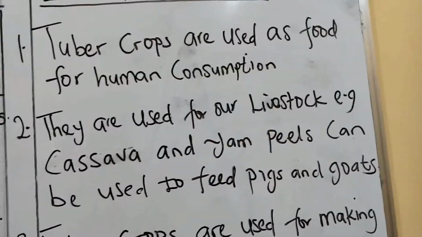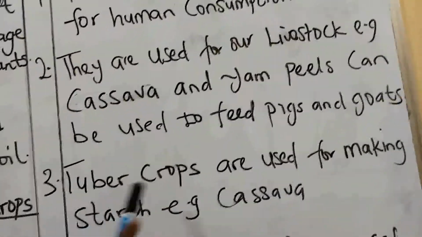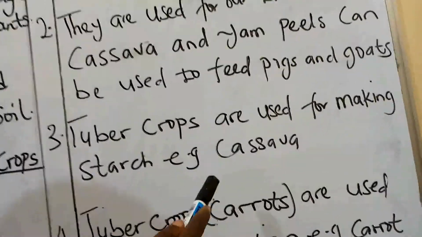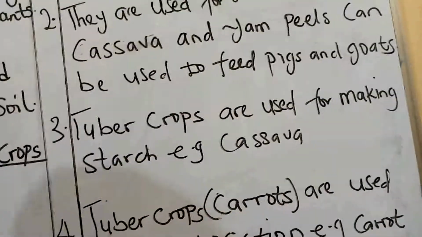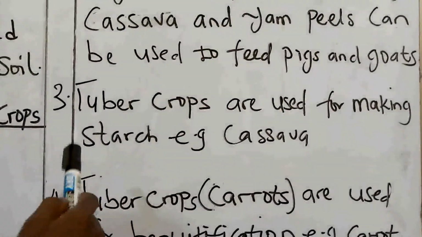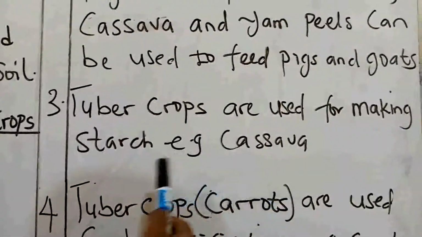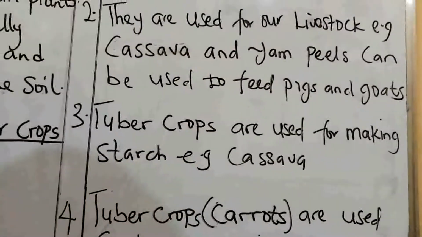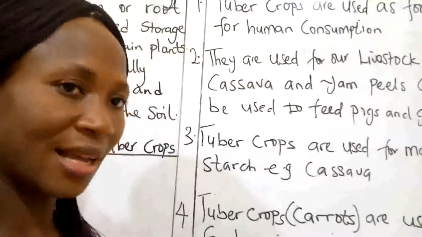Okay. The third one says tuber crops are used for making starch. Example, cassava. Yes, we get our starch from cassava.